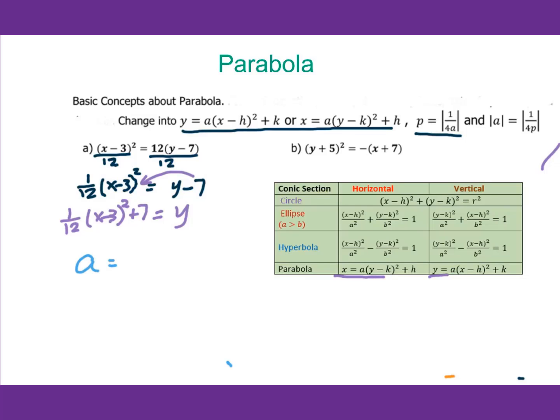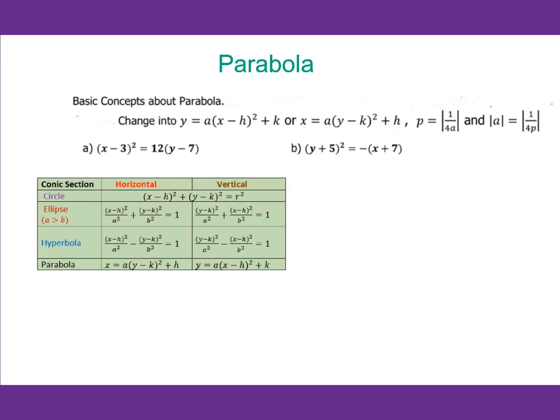We know a equals 1 over 12 and p equals 1 over 4a. You will get 3.